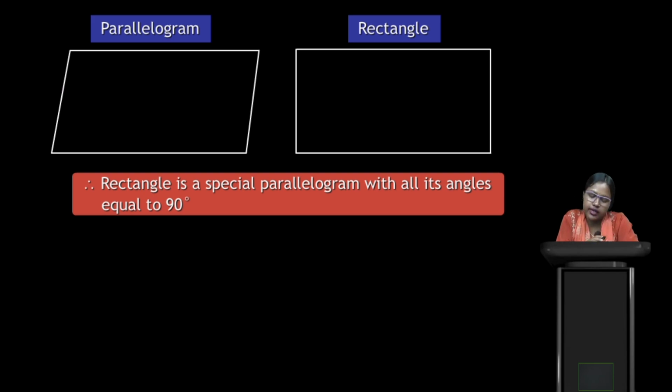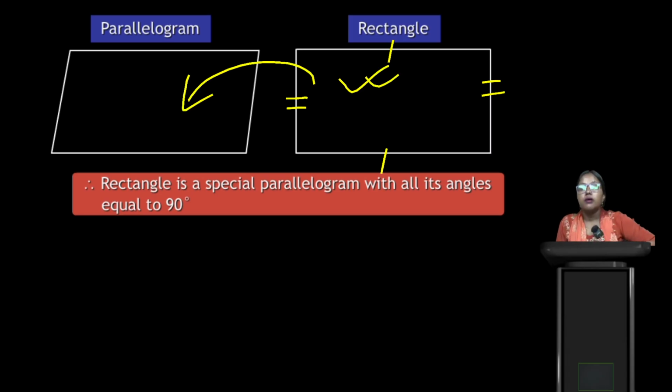You can see these two are opposite sides and both are parallel. Similarly, these two are opposite sides and these two are also parallel. That means a rectangle is a type of parallelogram, but all parallelograms are not rectangles. Why? Because not all parallelograms have all angles equal to 90 degrees. If all angles are equal to 90 degrees, then also it is a parallelogram.